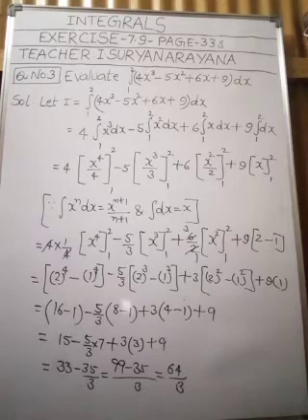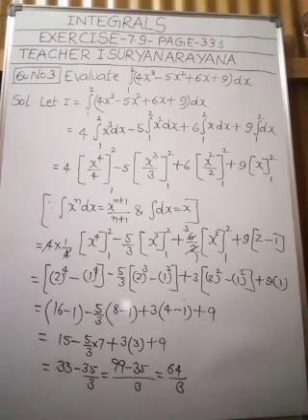Will you do the remaining sums in this exercise 7.9? Please try the remaining questions in this exercise by using appropriate methods. We have learnt many methods: substitution method, integration by partial fractions method, integration of some particular types of functions method, integration by parts method.